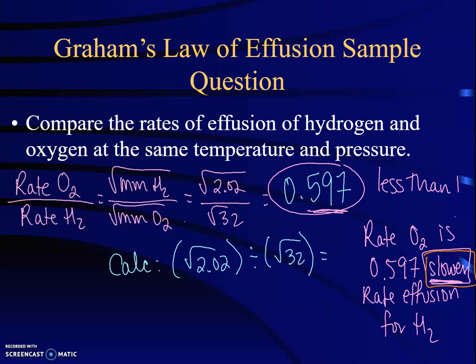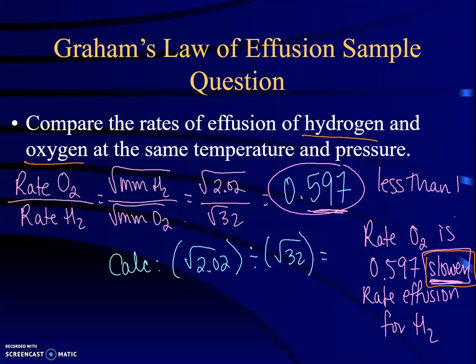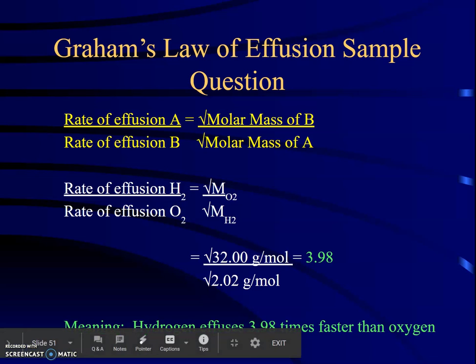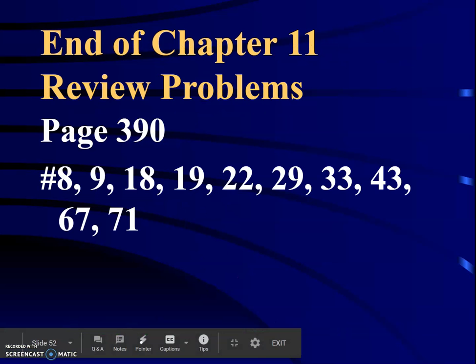Okay, so hopefully you plug it in. I usually suggest doing the order that they give it in the problem. If not, you are okay and you'll be fine because you'll end up getting the correct answer. All right, so here you can see that this is how it's worked out in the notes, and it effuses 3.98 times faster.